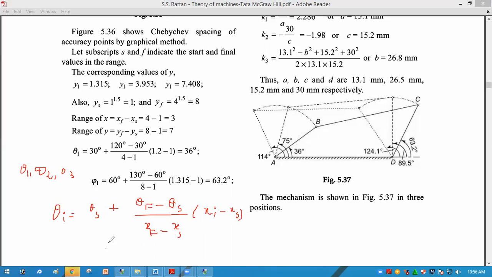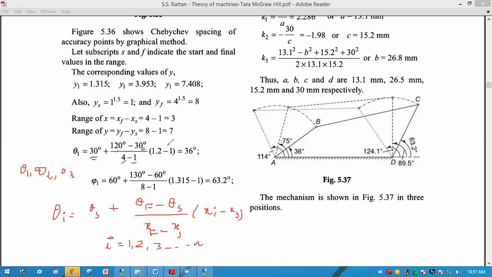So here i equal to 1, 2, 3 up to n. Okay, so first we are going to find out the theta 1 value. Theta varies from 30 degree to 120 degree, so substitute theta s equal to 30 degree plus (theta f equal to 120 degree minus theta s equal to 30 degree), and x varies from 1 to 4, where 4 means the final.